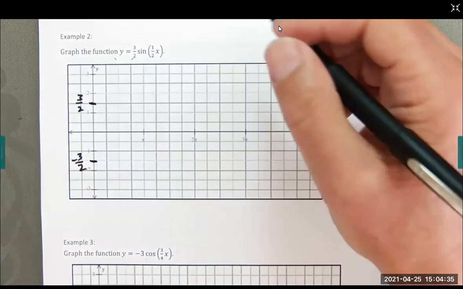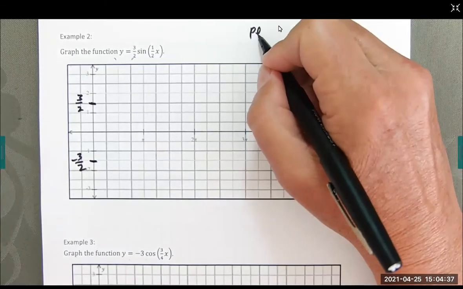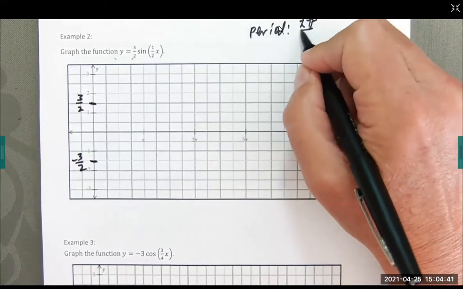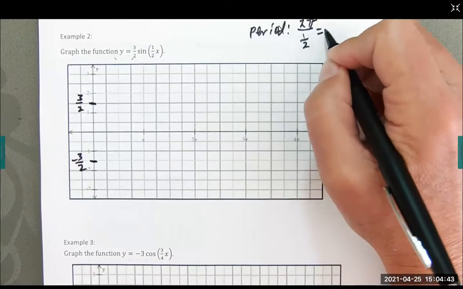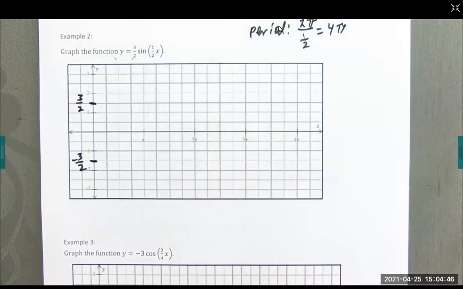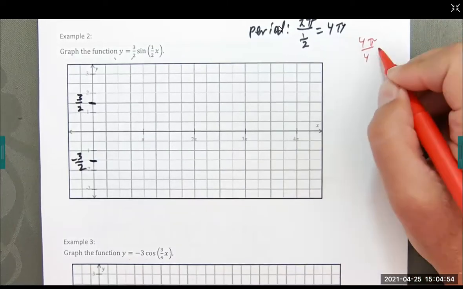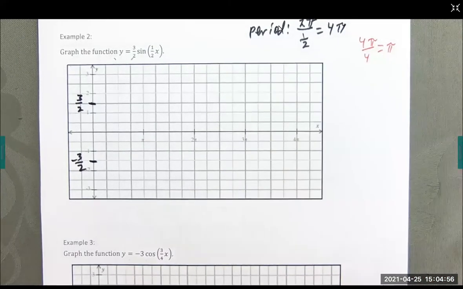The period is 2 pi divided by 1/2, which actually is 4 pi. And remember, we take the period and we divide it by 4. So 4 pi divided by 4 is pi. So we're going to advance every pi.